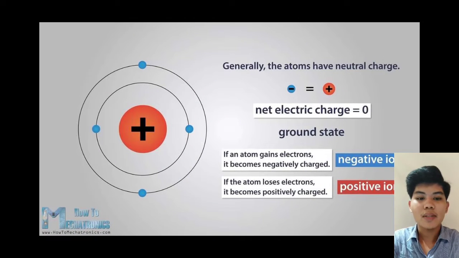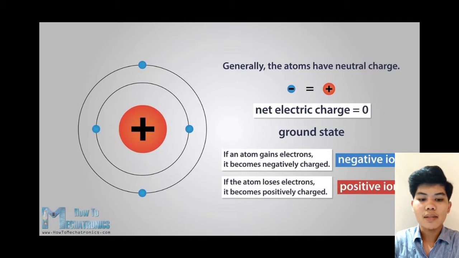Generally, atoms have a neutral charge, which means that they have the same number of electrons and protons. In other words, they have a net electric charge equal to 0. This is the lowest possible energy level of the atom, the so-called ground state. However, we can change the atom's charge by making it gain or lose electrons.